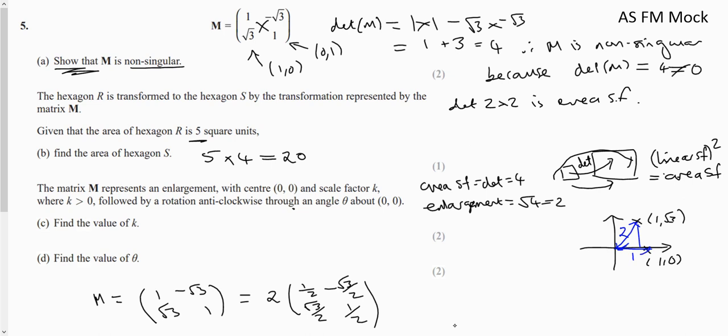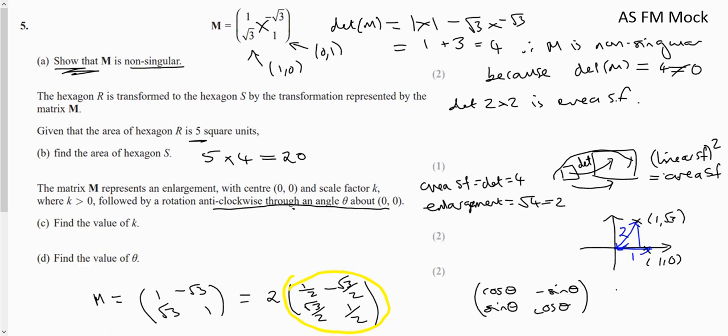And then we turn to our formula book, and you can match this remaining matrix up with the matrix for an anticlockwise rotation. It will tell you that the matrix for an anticlockwise rotation is cos theta, sine theta, negative sine theta, cos theta.